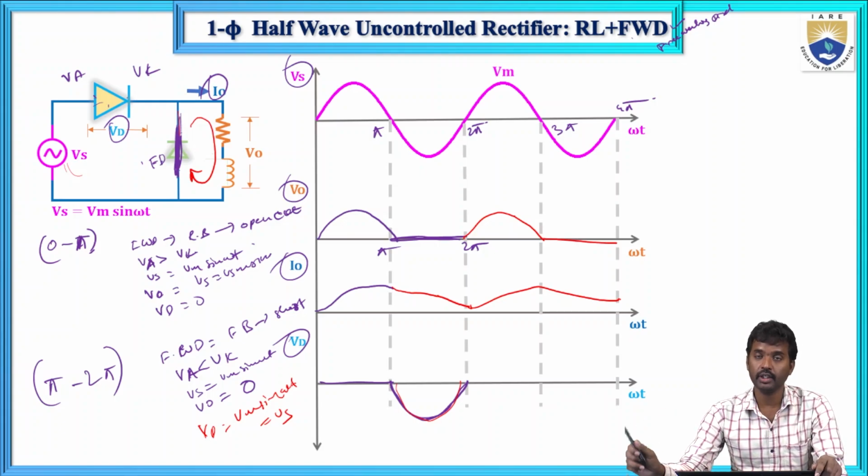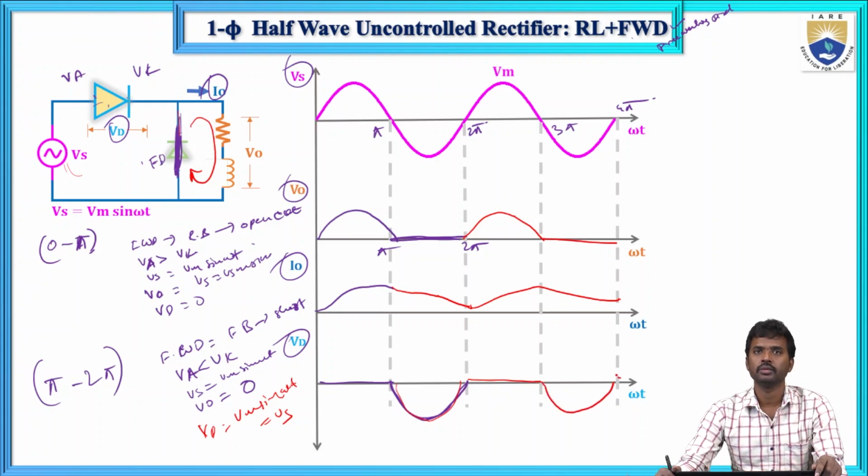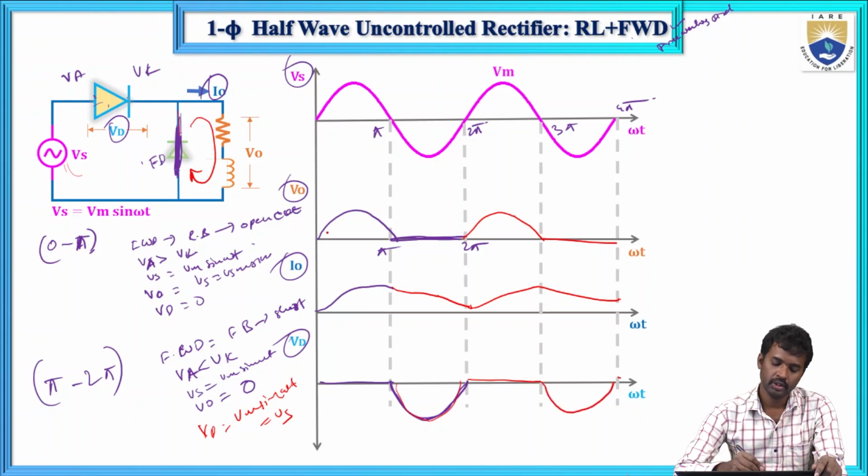The previous one was discontinuous conduction mode, and now here it is continuous. So V naught average equals 1 by 2 pi integral of 0 to pi Vm sin omega t.